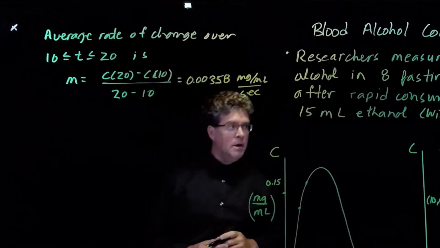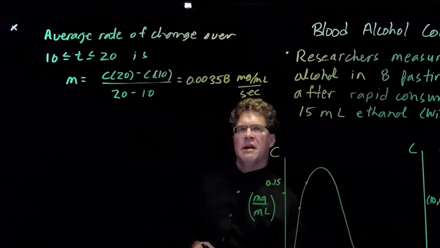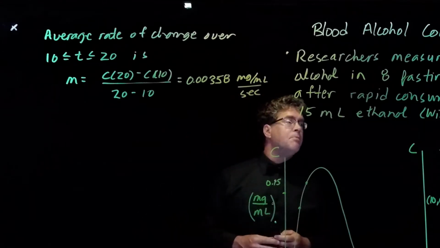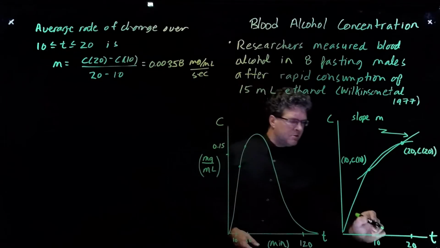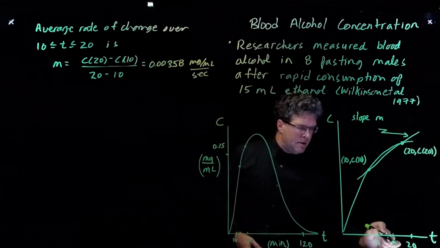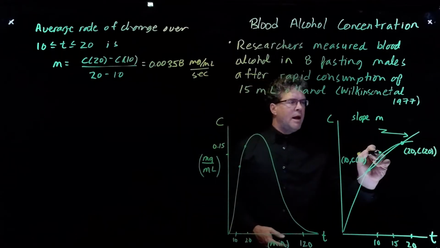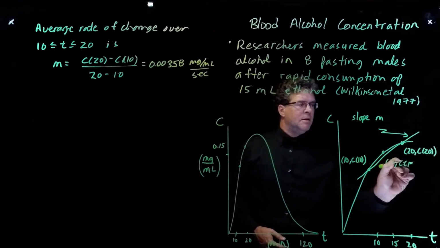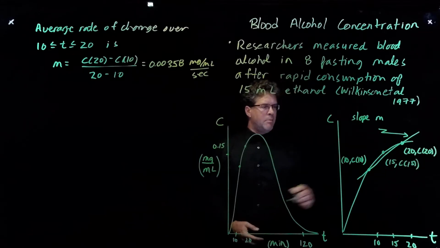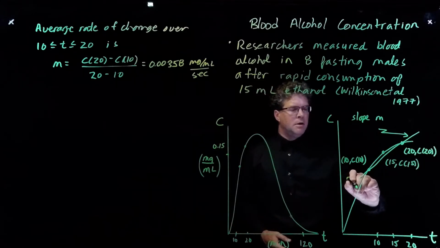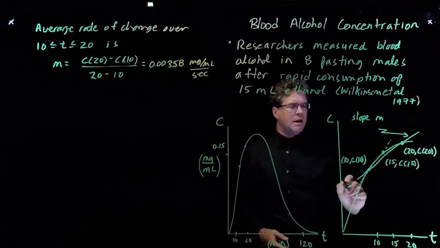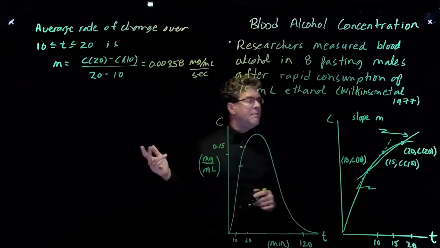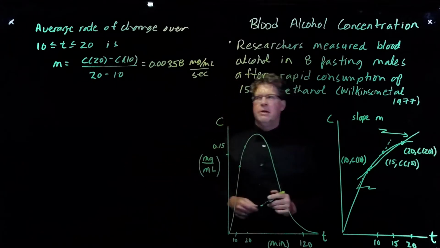Okay, so that might be our answer, but then we could ask ourselves, what happens if we, for example, use a 5-minute interval? So let's suppose we look at 15 here. And we can put the point (15, C15) on the same graph, and we can draw a secant line through the points (10, C10) and (15, C15), and it's going to have a different slope.